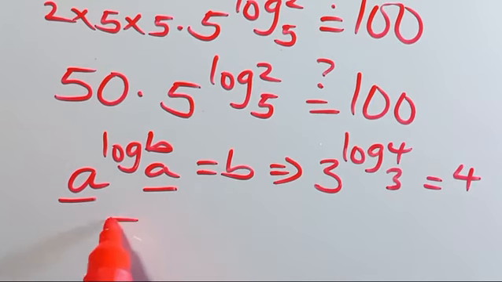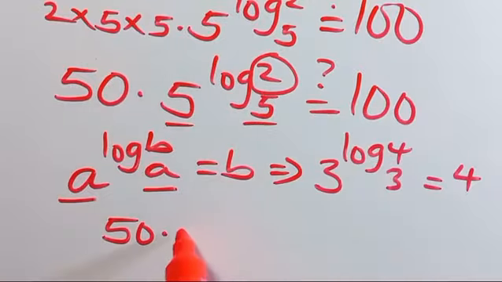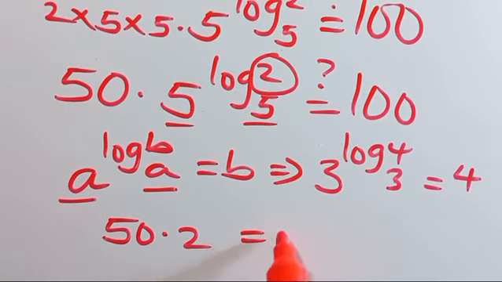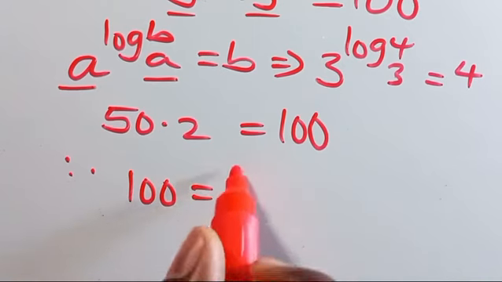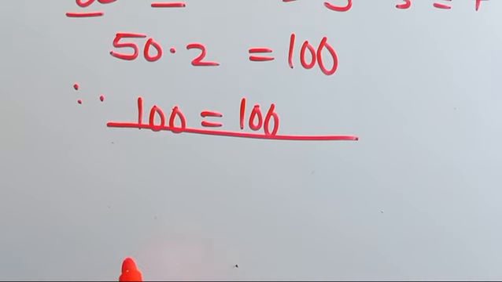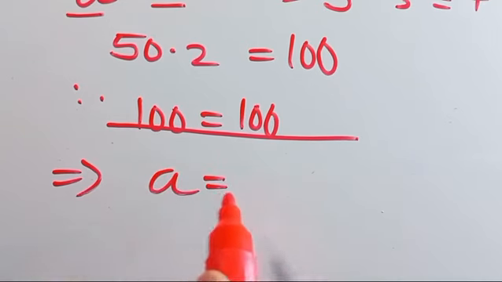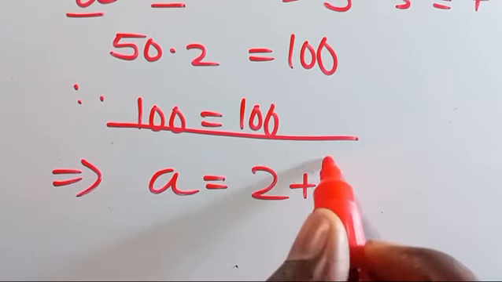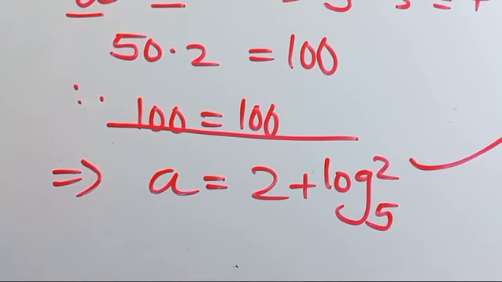So from here we have 50 times the output of this, which will be 2. 50 times 2 will give us 100, which equals this. So therefore 100 equals 100. So the left hand side equals the right hand side. This implies that a equals 2 plus log 2 in base 5 satisfies the problem given to us.